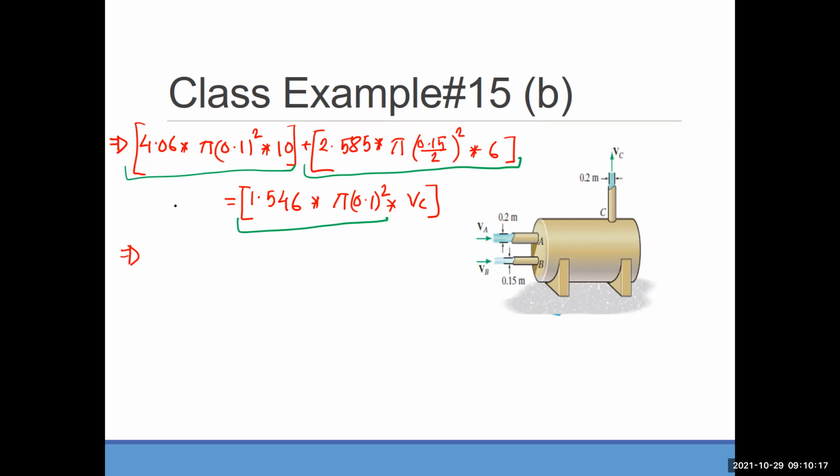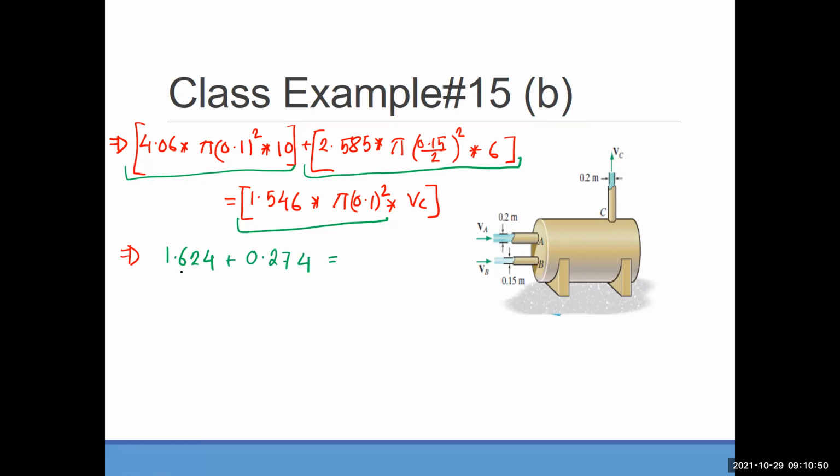Okay, so give me the number for this one, 4.06 pi 0.1 square 10. What is the number for that one? 1.27 or something like that. Plus, 0.274.